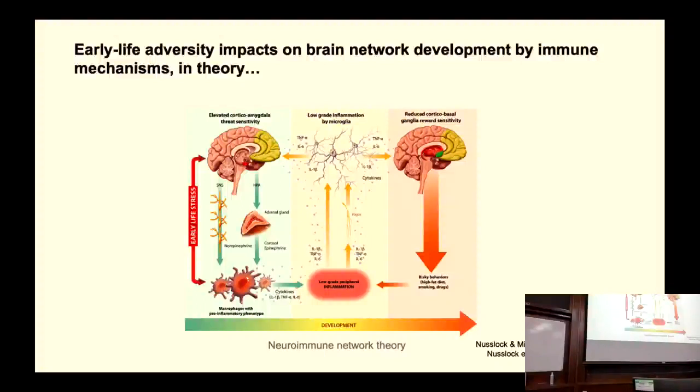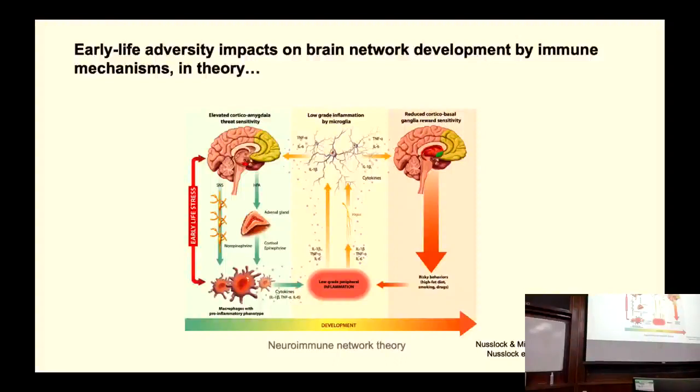And you can see here the concept is similar to some of the ideas that I've been pushing today. You've got an early life stress exposure, which has effects on the immune system as well as effects directly on the brain, and that carries over the course of development, modifying neurodevelopmental trajectories so that you end up with an adult state, slightly atypical brain network organization, and increased risk of behaviors and experiences that may either constitute a psychiatric disorder or put you at increased risk of psychiatric disorder.